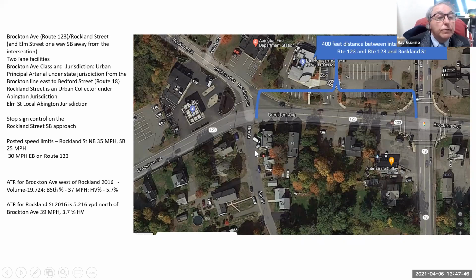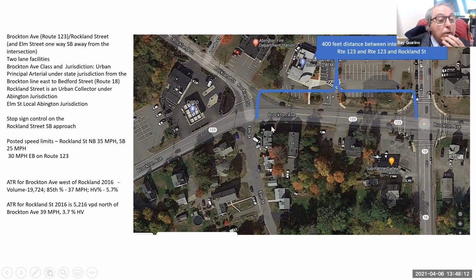So Brockton Ave is an urban principal arterial. It's under state jurisdiction from the Brockton line east to Bedford Street, which ends right at the signalized intersection of Route 18 and Route 123. Rockland Street is an urban collector and under Abington jurisdiction, and Elm Street is a local street.